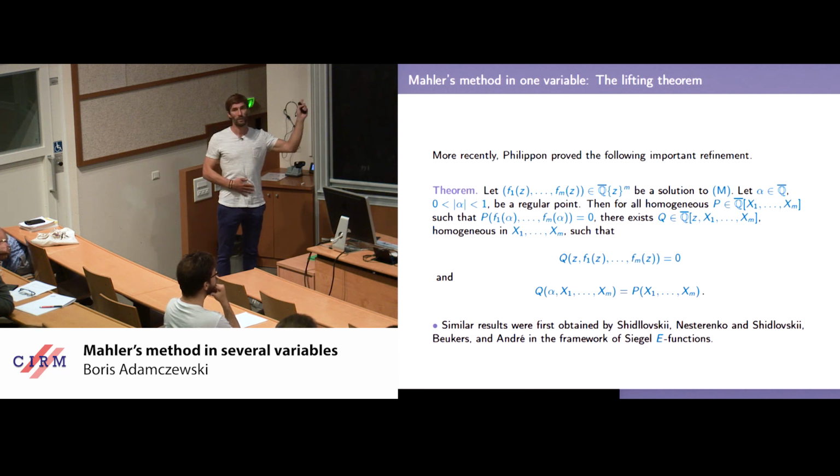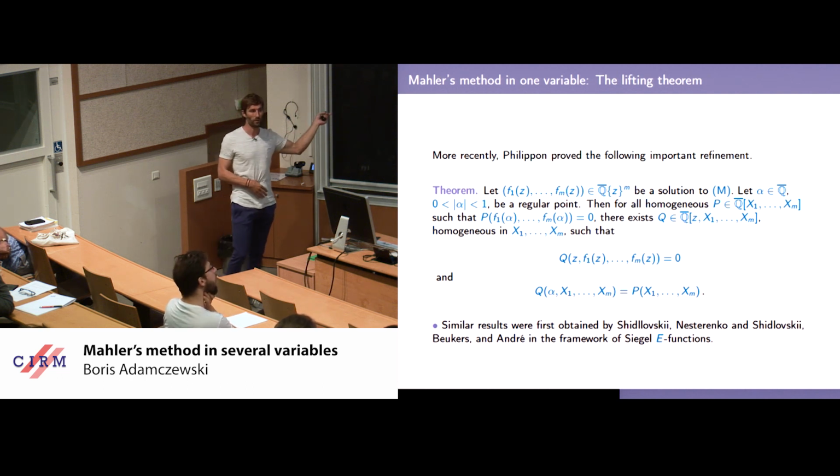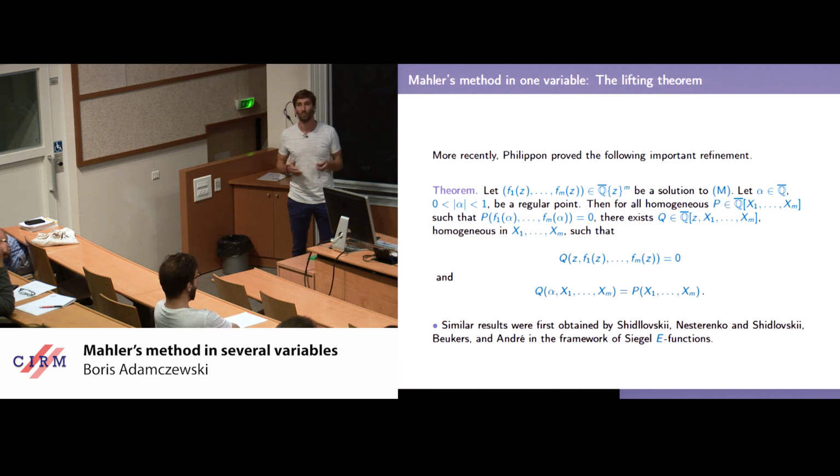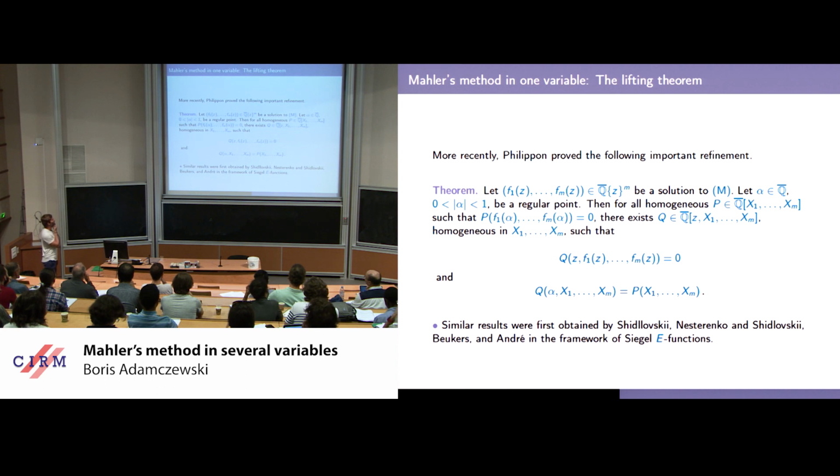So the result I mentioned, Nishioka's theorem, is the exact analog of the Siegel-Shidlovskii theorem, and this one is an analog of the theorem of Beukers that was also reproved by Yves André. Now when you have this theorem, I call it lifting, because any relation between the values can be lifted at the level of the functions.